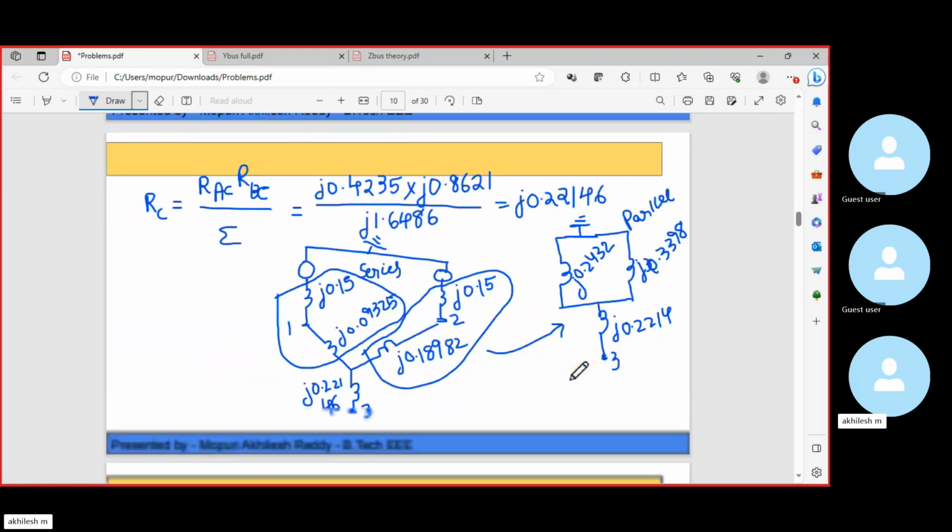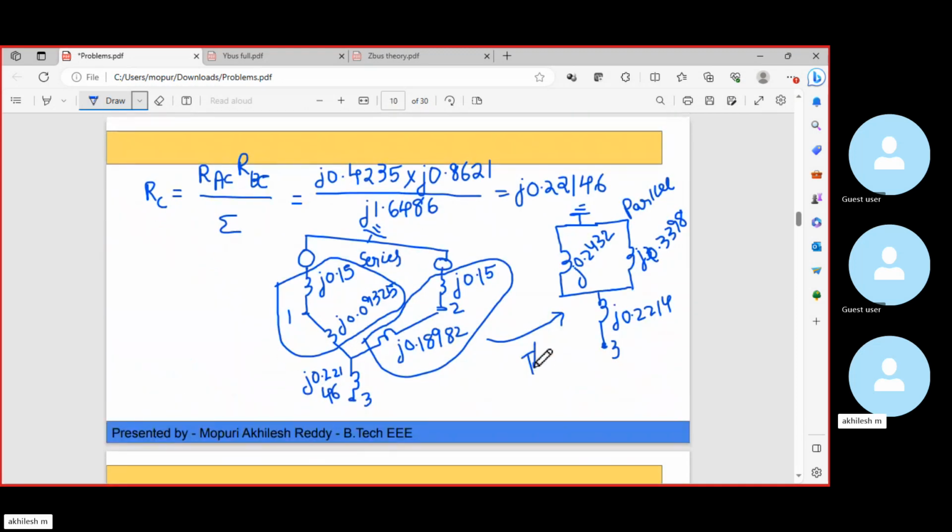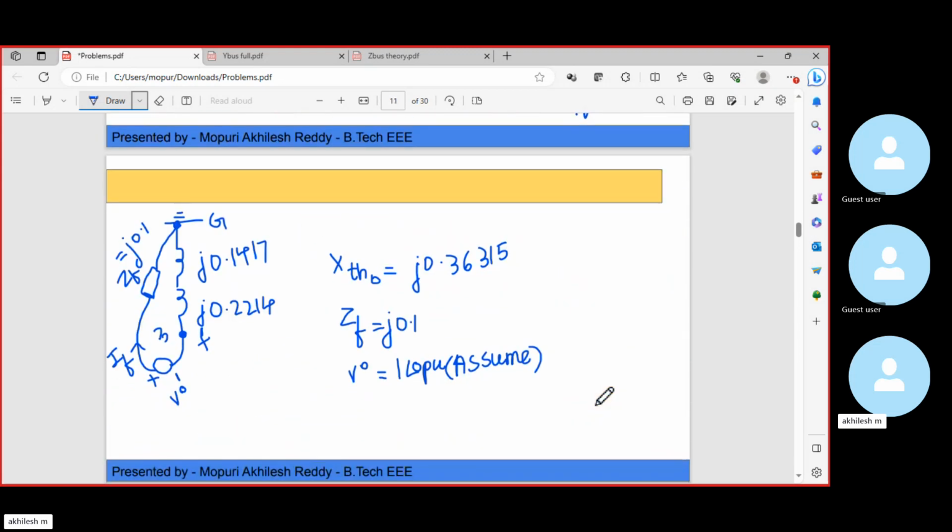So this is the Thevenin network. We short circuit the voltage sources as we have discussed. After that, we need to excite this Thevenin network with the pre-fault voltage, which we also discussed.